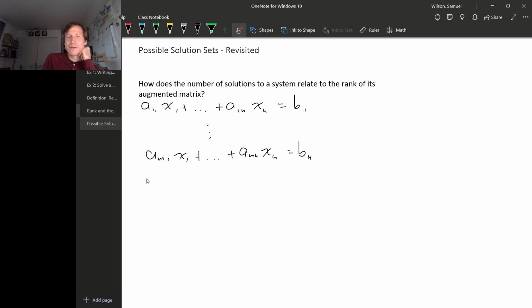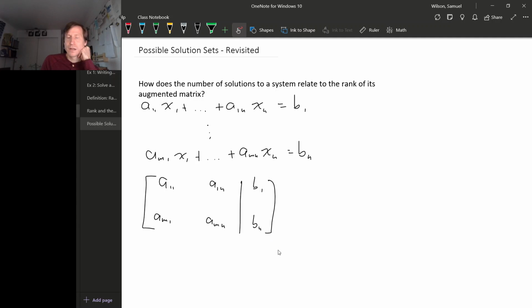So when we write down the augmented matrix for this, we're going to get all our a's over here, from a11 over to a1n, down to a_m1 over to a_mn. And then the augmented column is just the b's, b1 through bn.